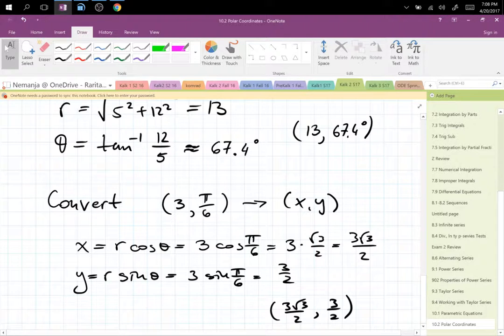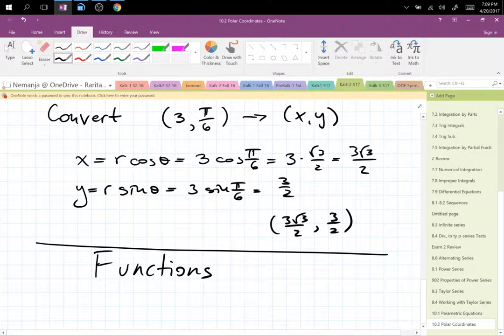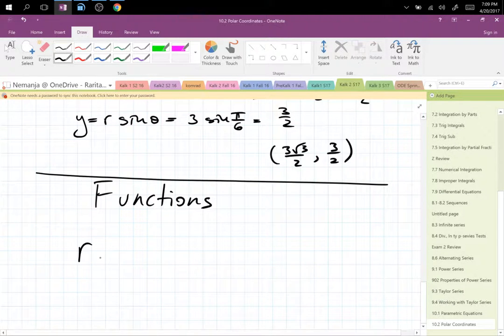So now we have time to talk about functions. In polar coordinates, functions are going to be r in terms of theta. So r is a function of theta. Theta is the input variable.